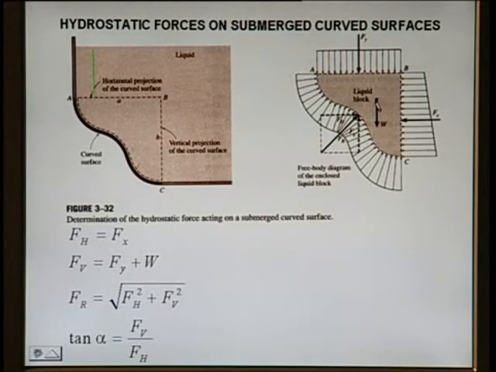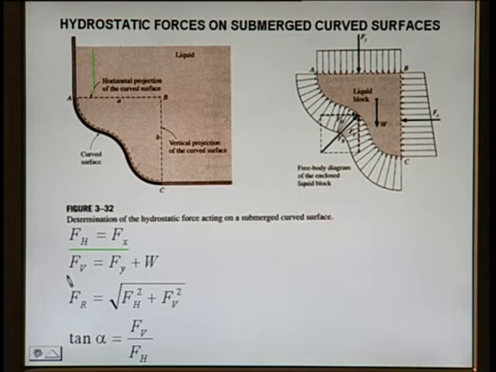and Fy, since this fluid element is in stable static equilibrium, we can get the horizontal component and vertical component. The horizontal component will be the same as this Fx, so Fh is equal to Fx, and Fv is equal to this force Fy plus the weight of the liquid.